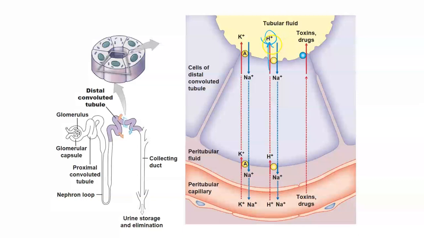Now, another interesting thing about this is that sometimes hydrogen ions can also be kicked out in exchange for potassium ions. So, for example, in conditions of acidosis, let's say you have a lot of hydrogen ions that accumulate in your blood because you're acidotic. You could be acidotic because of a metabolic disorder or because you're hypoxic.